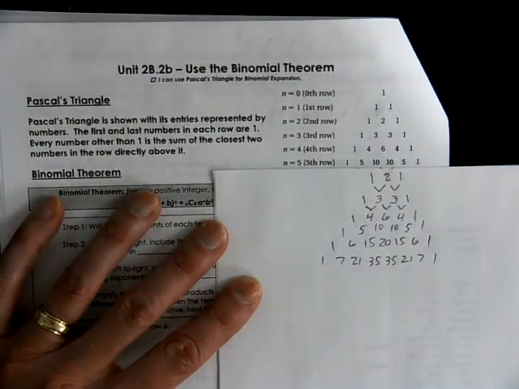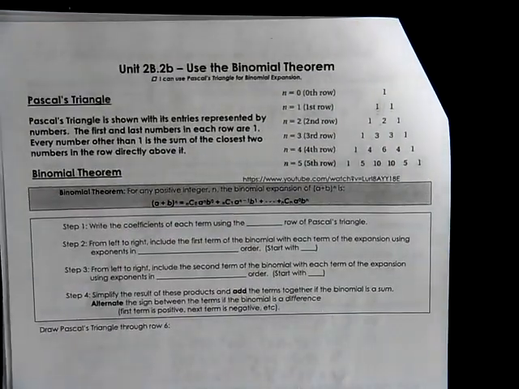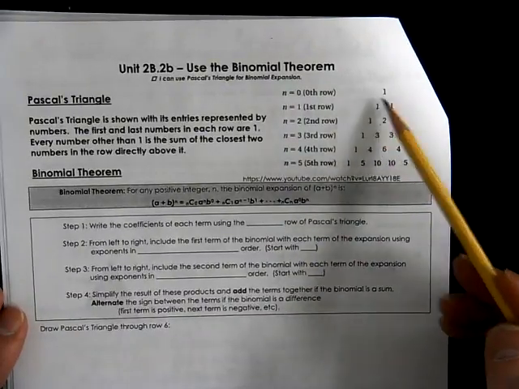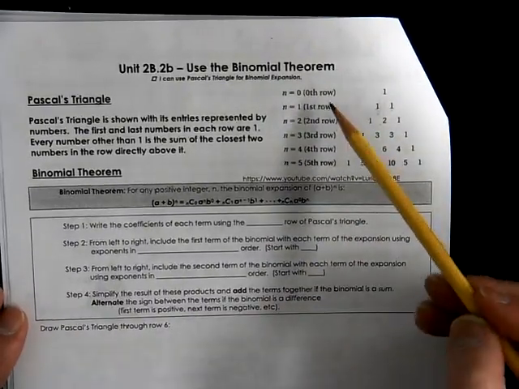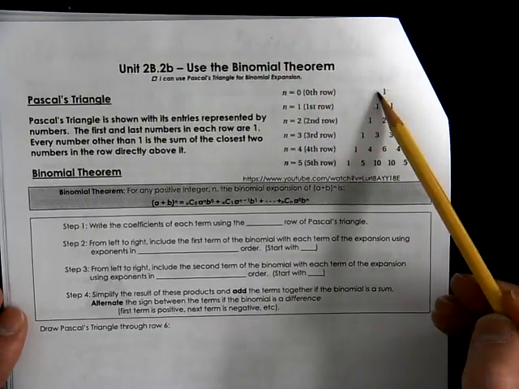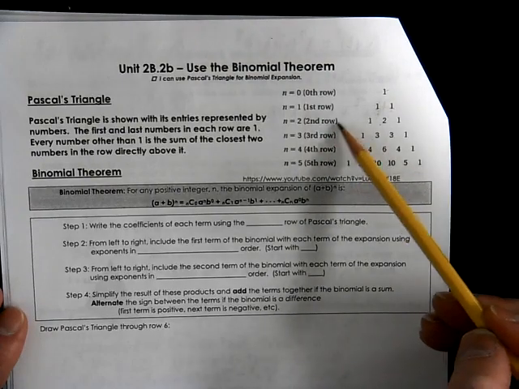There's a lot of patterns that go on with Pascal's triangle. But for what we're doing today, we only need to know what the rows are. Notice that the top row is called the 0 row. Then we call this our first row.